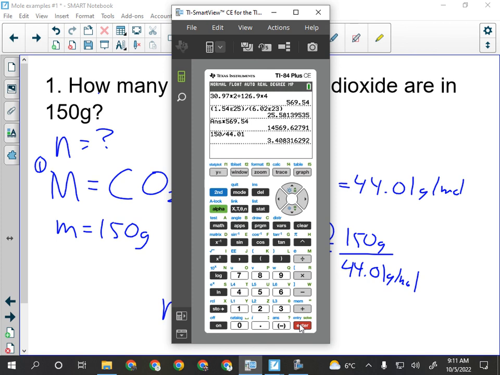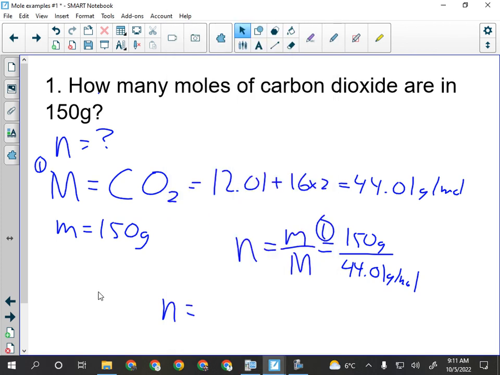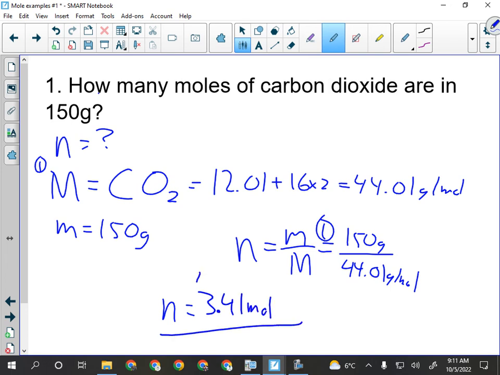All right, so we're looking at 3.41 moles. So that could be out of 3 or 4. It would be pretty generous to give 4 for that because there's really not a lot to do there, but that's what we'd be looking at on that. Any questions on that first one?